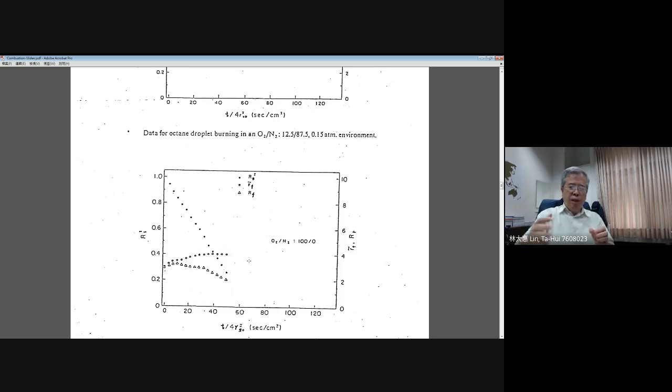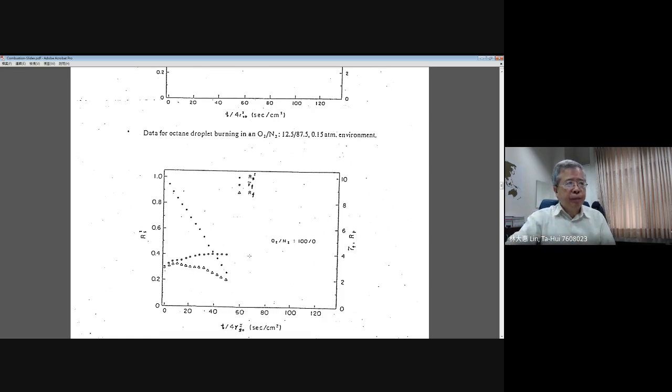Almost fixed means the flame moves toward the liquid surface while the liquid surface also reduces, and this position stays almost constant. That means in these periods the flame basically does not change, because based on the coordinate change, the diffusion from the fuel is balanced with the oxygen.